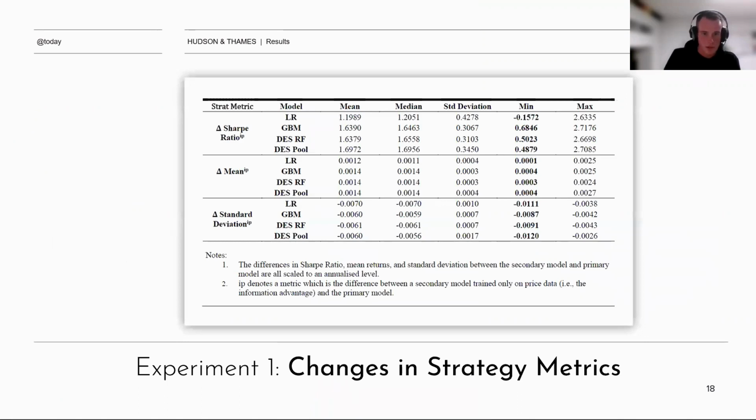So for the first experiment, this table shows us the changes in strategy metrics, and we can observe that the ensemble classifiers had a positive premium across all metrics.